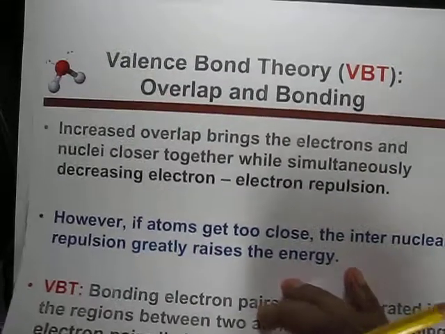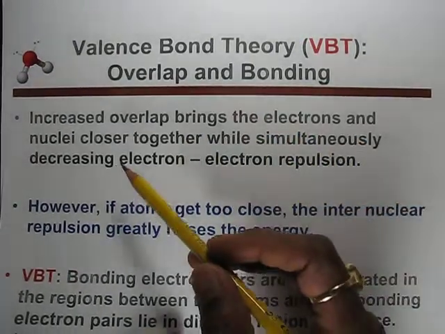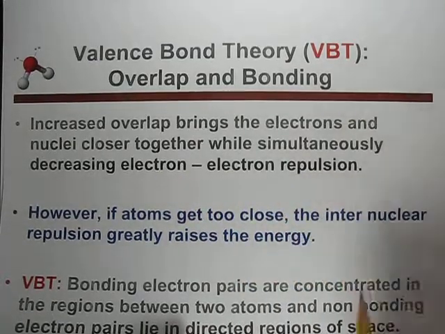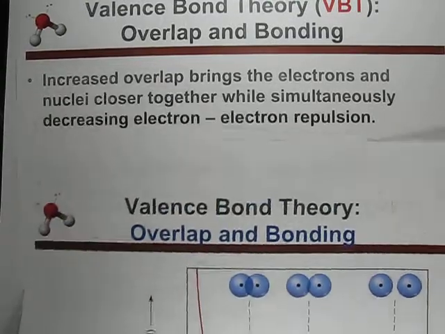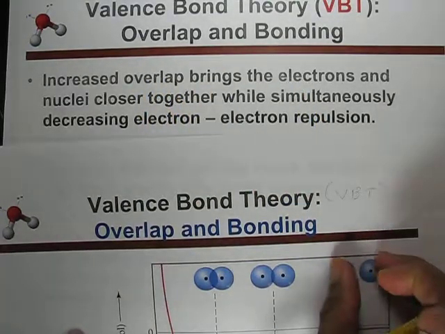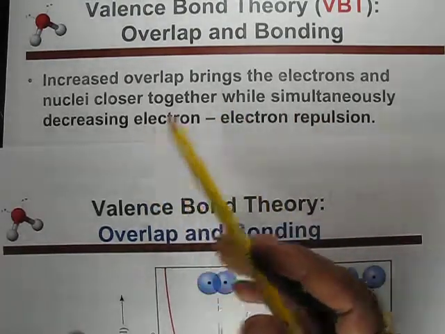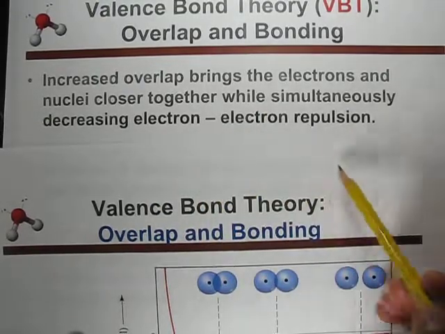VBT theory says that increased overlap brings the electron and nucleus closer together while simultaneously decreasing electron repulsion. The first statement says that as the two orbitals come together, increased overlap decreases electron repulsion.